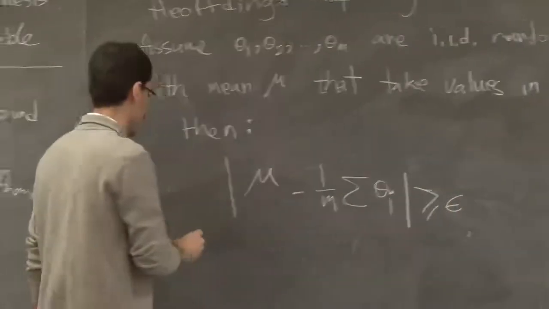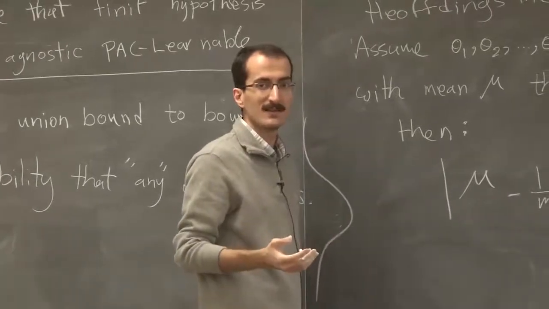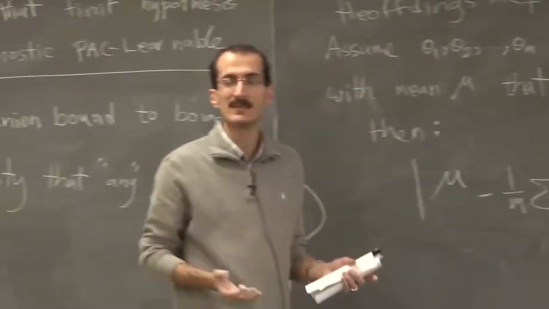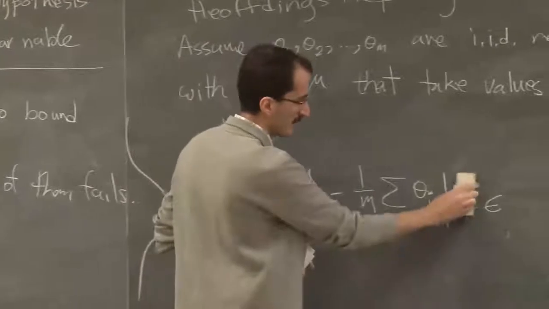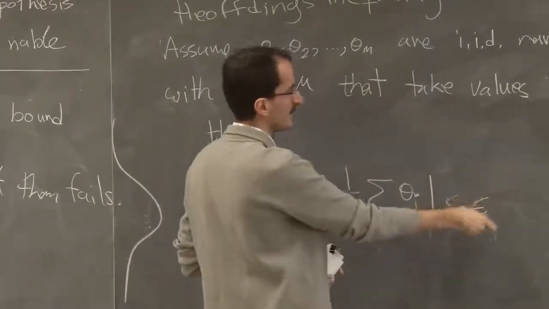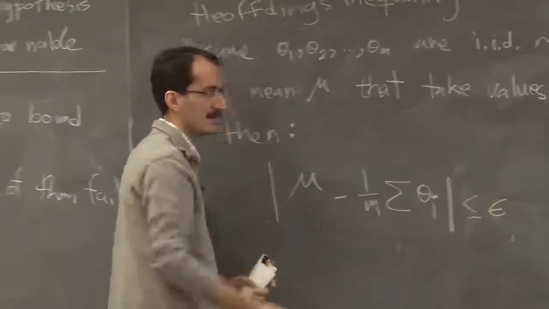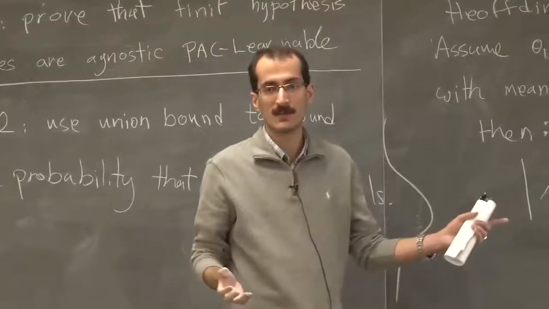Because it has a probabilistic nature, I cannot bound that the difference between these two things is all the time less than epsilon. So let's start with the false thing. Something about m, it could be a function of m, say that if I have enough samples, then these two will be epsilon close.